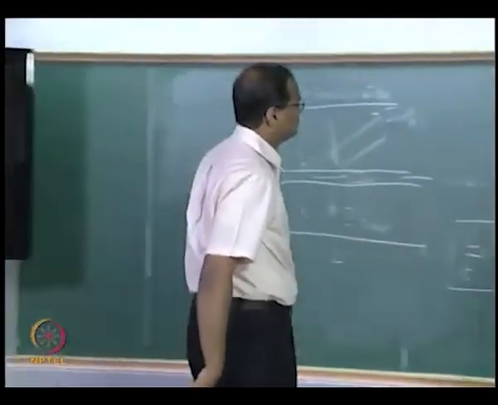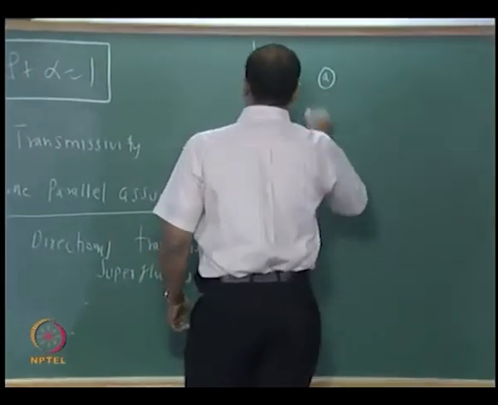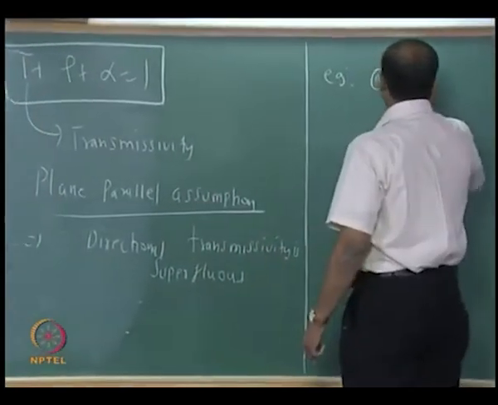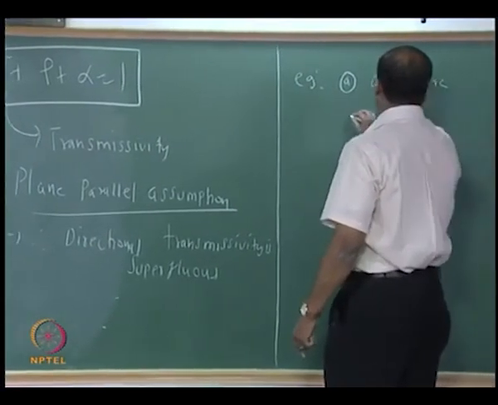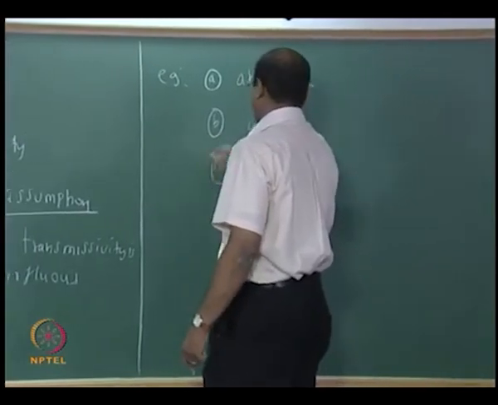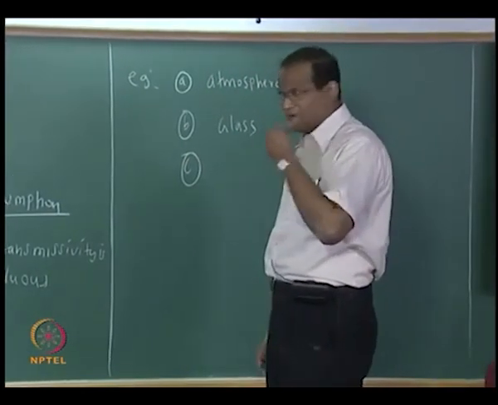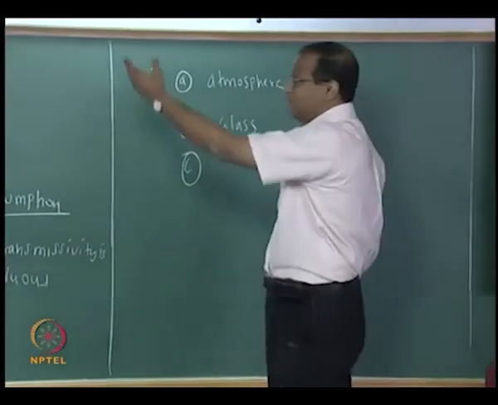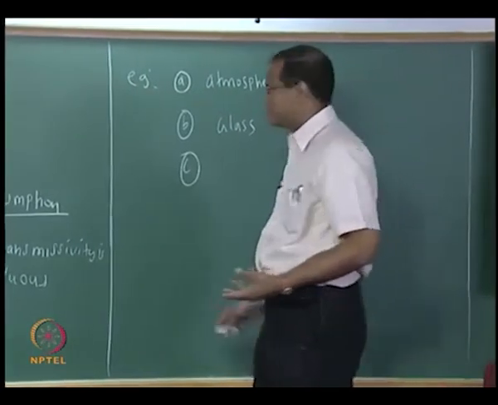Examples of atmosphere, glass. Examples of media which are not opaque: jet exhaust.